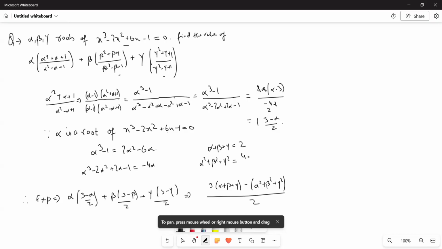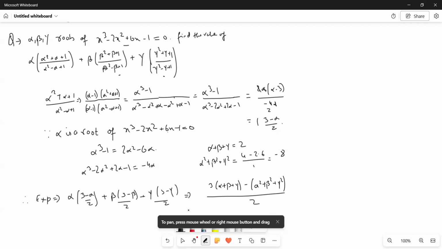So b square is 4 minus 2a1c6 by a square, which is 1. Okay, so 4 minus 12 will be minus 8. Now plug in.